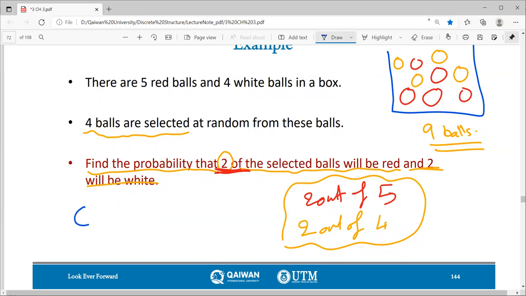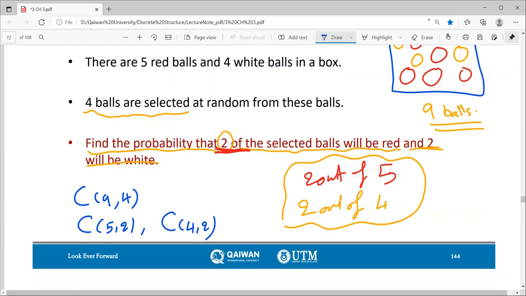Taking 4 balls from 9 is the combination of 9 and 4, taking 2 balls from the 5 red ones is the combination of 5 and 2, and taking 2 balls from the 4 white balls is the combination of 4 and 2. We have these 3 combinations. How do you write these down? We say the selected ones dividing by the total.